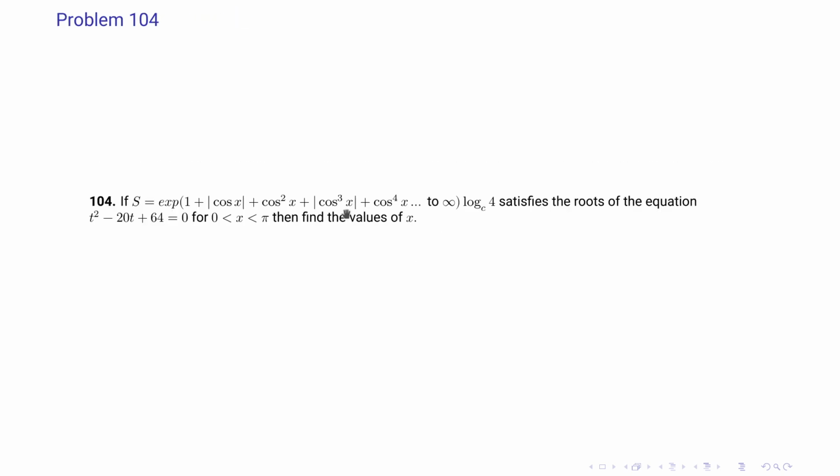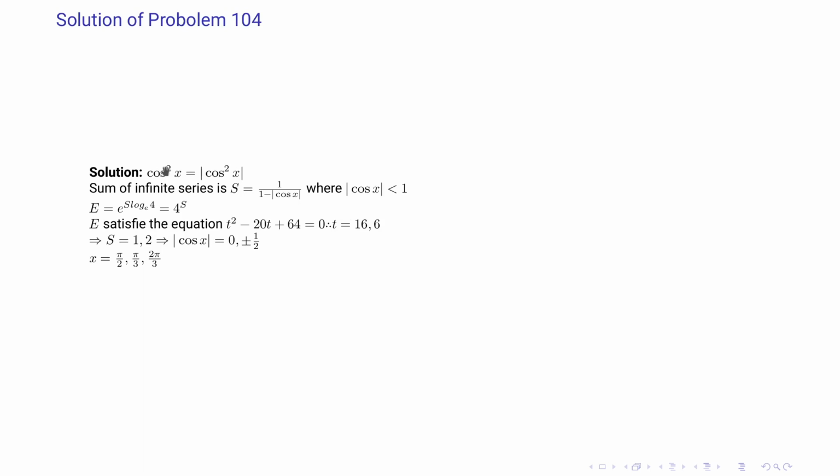So what we do is we can rewrite cos square x as modulus of cos square x. So the infinite series becomes 1 by 1 minus modulus of cos x, where modulus of cos x is less than 1. So our sum becomes e is equal to e to the power s log e to the power 4. From logarithm, we know that this is equal to 4 to the power s. Now this satisfies the equation t square minus 20t plus 64.